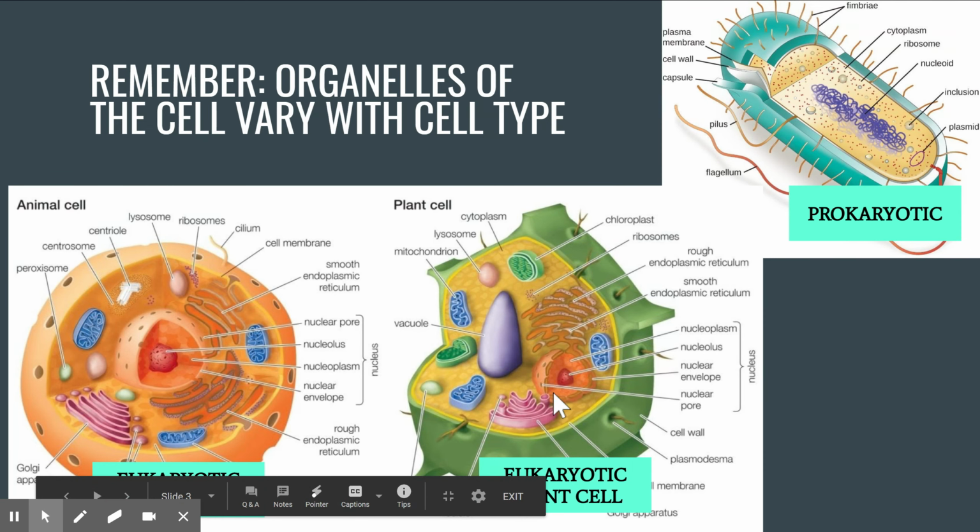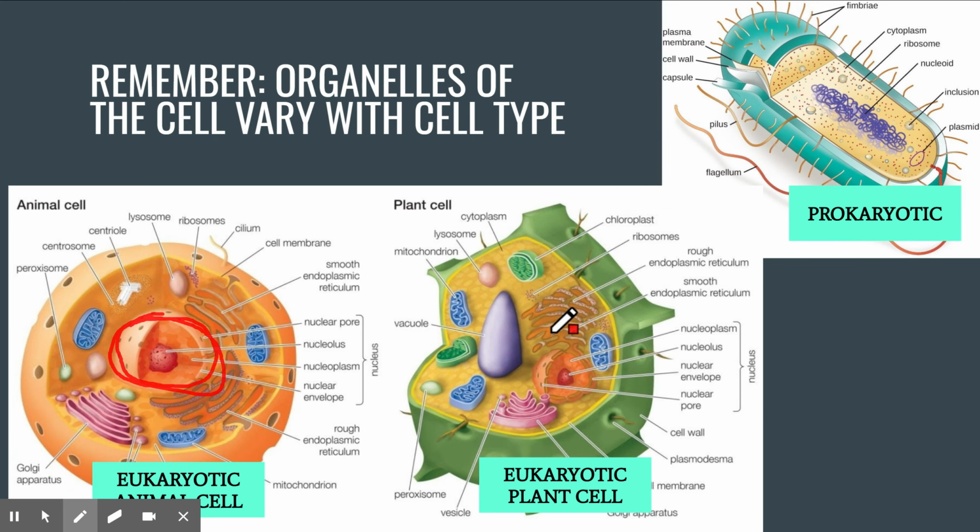I can also see that orange circle over here labeled as the nucleus. So in the case of both plant and animal cells, a nucleus is present, versus in prokaryotic cells, there is no nucleus. Instead, there is a nucleoid.